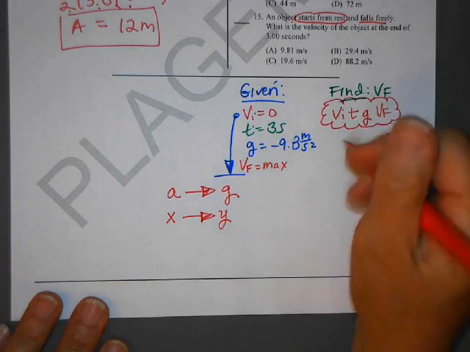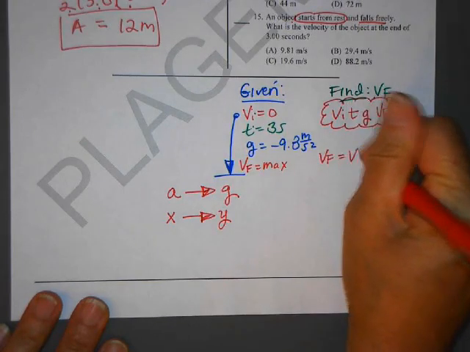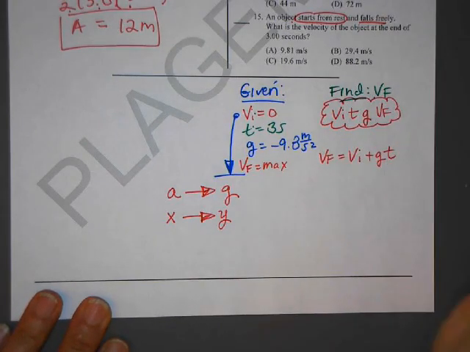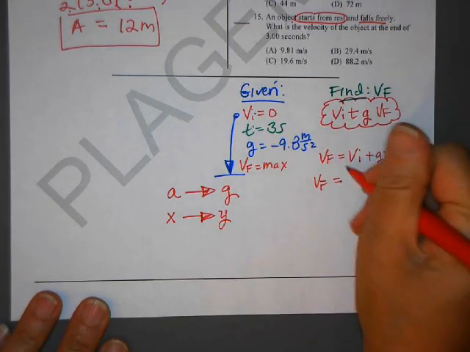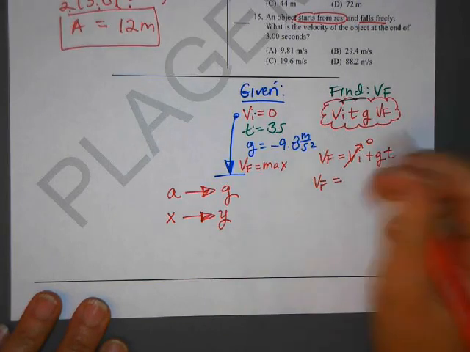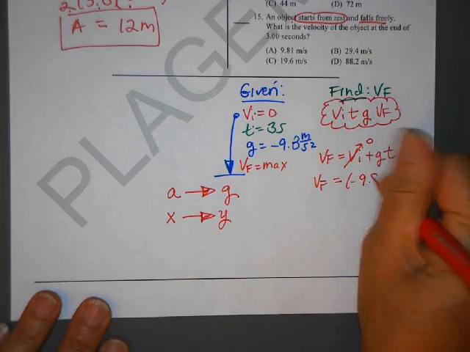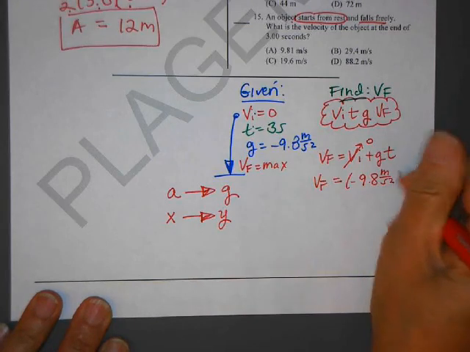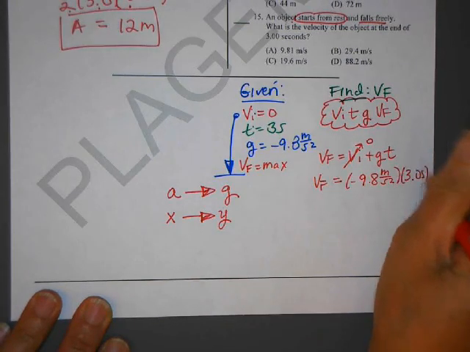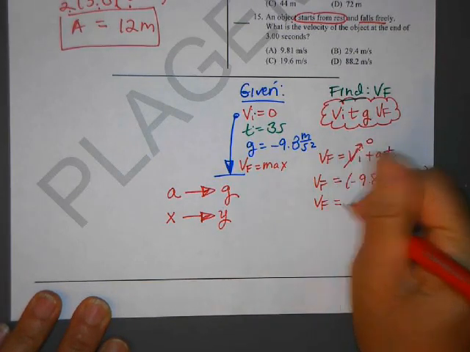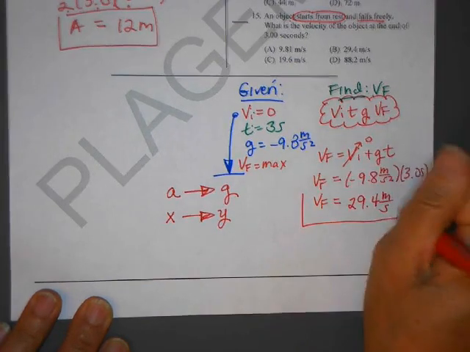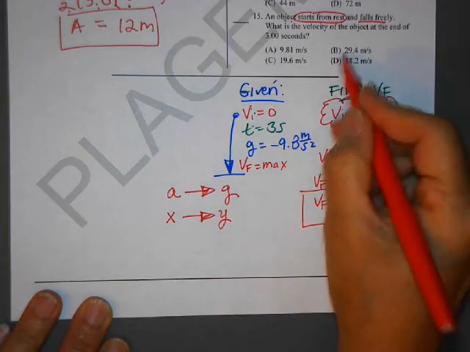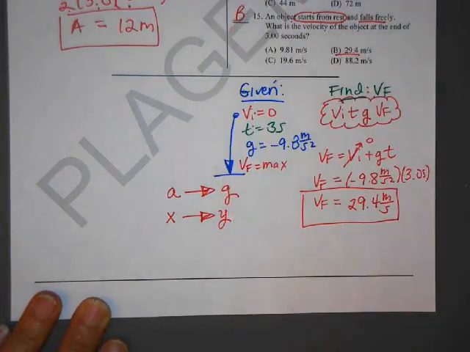So the equation is VF is equal to VI plus GT instead of A. So VF is equal, and remember that VI goes to 0. So it's just going to be negative 9.8 meters per second squared times 3 seconds. So when I do it on my calculator, it comes out to be 29.4 meters per second, which is choice B.